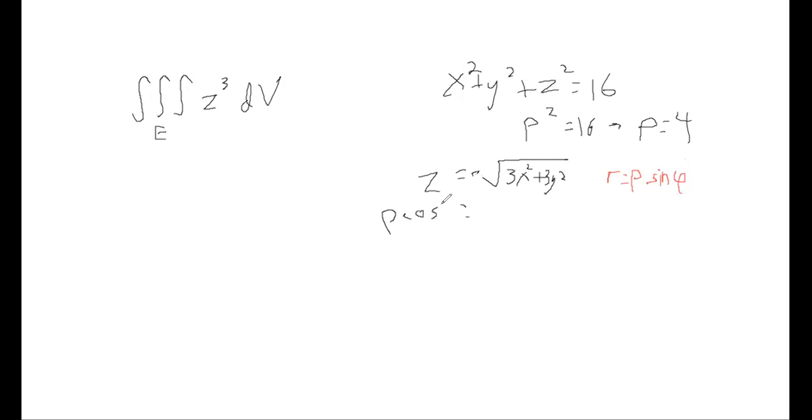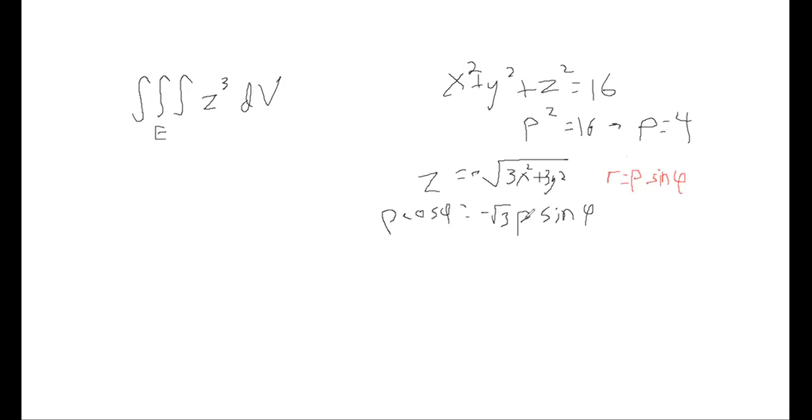We're going to get that rho cosine of phi is equal to negative root 3 times the square root of r squared. So we're going to get negative root 3 rho sine of phi.